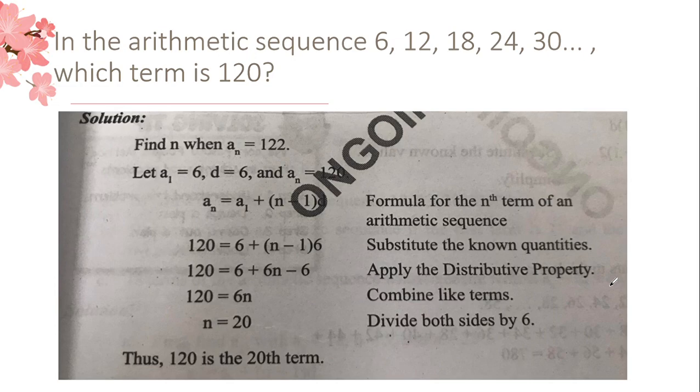But this time, we are looking for the term number. We have 6, 12, 18, 24, and 30. 6 is our first term, 12 is our second term, 18 is our third term. So we are looking for n.